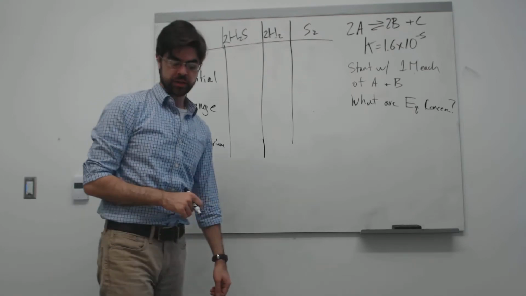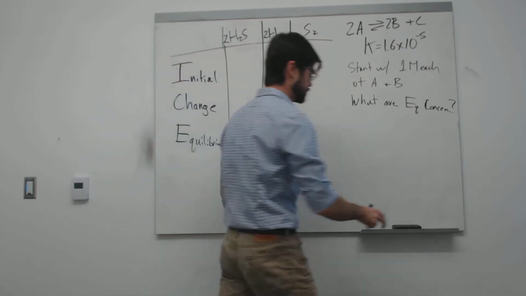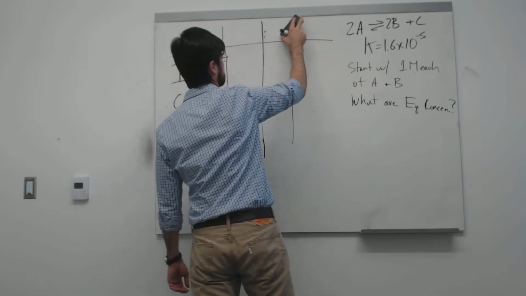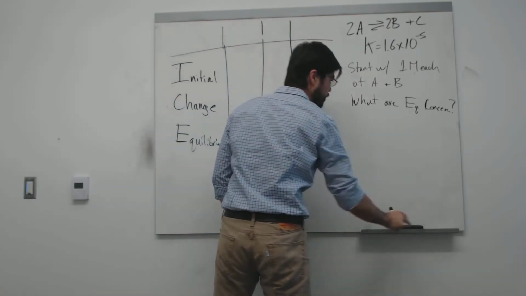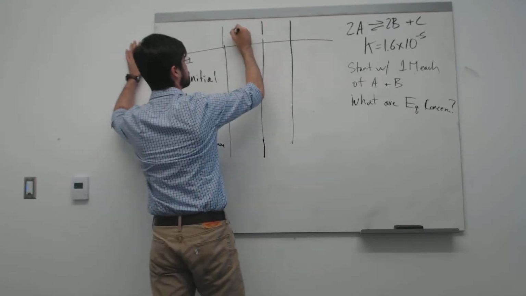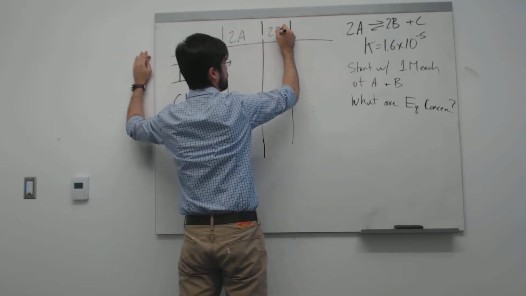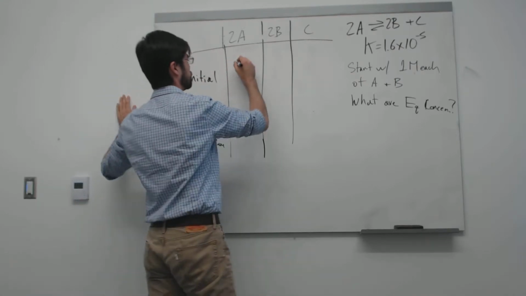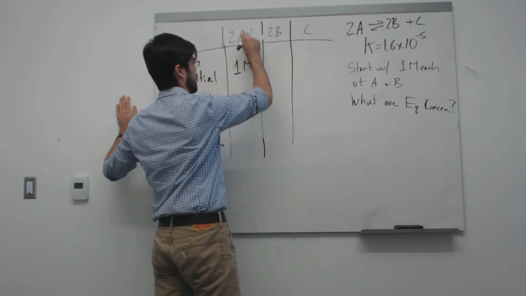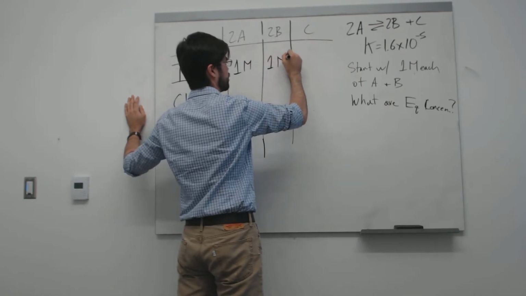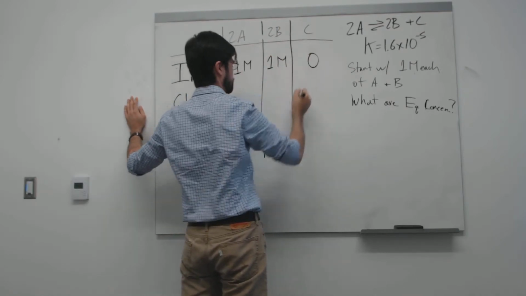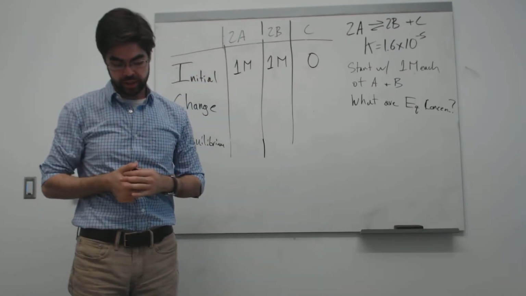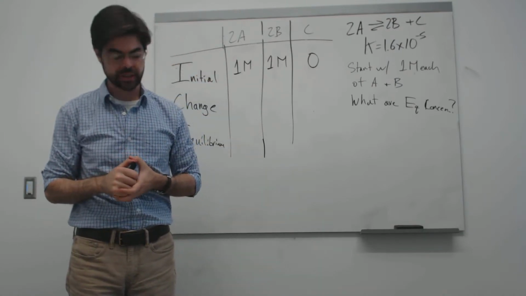So we can approach this just as we've done previously by constructing our ICE table. I've got 2A making 2B and C. I know I'm starting with 1 molar A, 1 molar B and no C. So, immediate question is, how does the reaction shift?